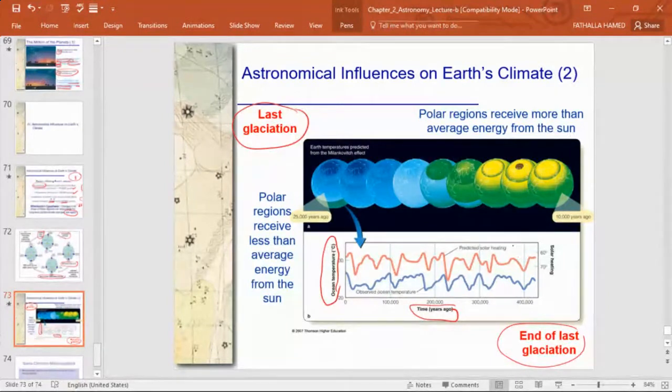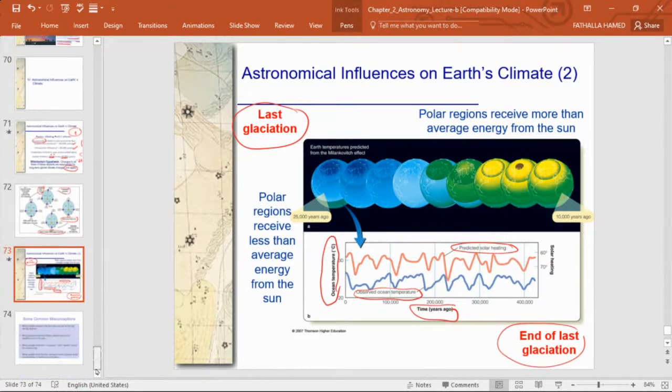You can see the red line here, called predicted solar heating, and here it says the observed ocean temperature, and you can see there is a correlation between these. This is basically happening due to these three effects on the climate of the Earth. So ice ages are something normal that can happen on the surface of the Earth.